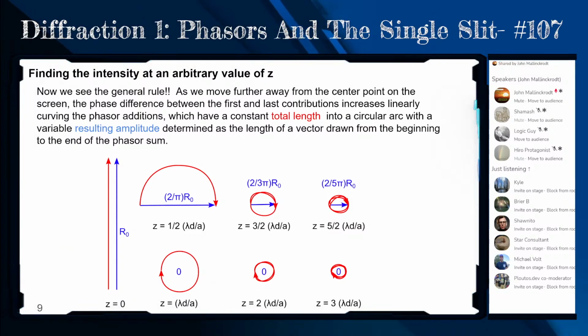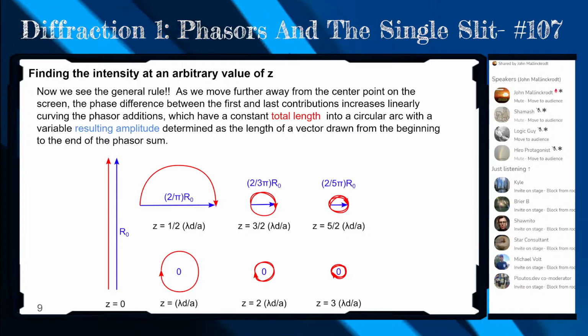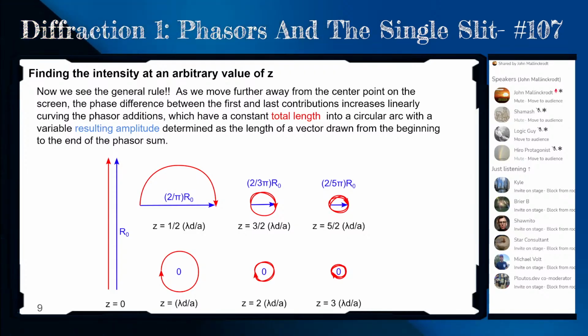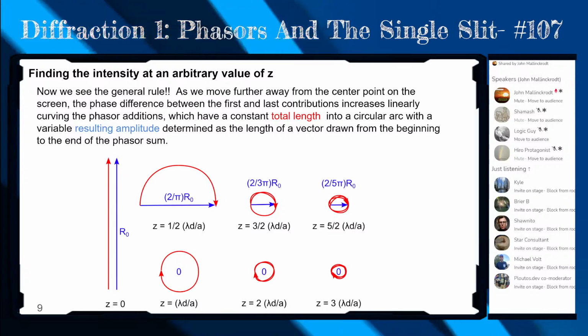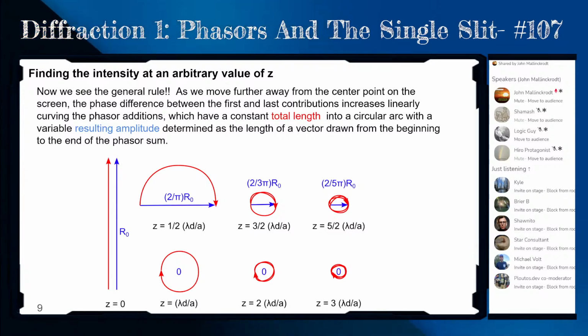The nice thing about this is you'll start to forget that you didn't really understand how the phasor thing worked, and you'll just see how simple it is to work this out. When I go to a place where the final extra path length is 3/2 of a wavelength, I didn't show you a picture for this, but if the extra path from the bottom source is 3/2 of a wavelength, you end up at a point z on the screen that's 3/2 lambda d over a.